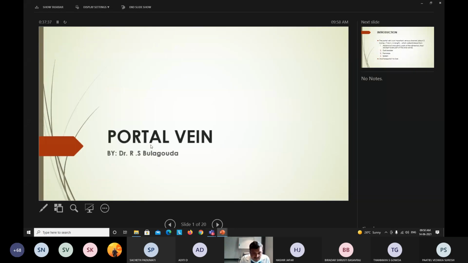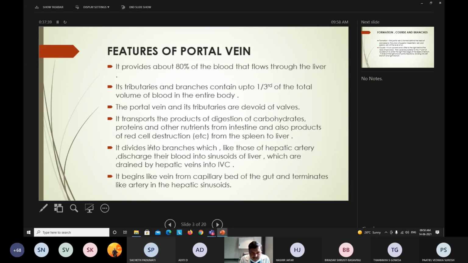In terms of content, it transports the products of digested food, that is carbohydrates, proteins, and other nutrients from the intestine, and also products of red cell destruction from the spleen to the liver. Hence, in these ways, the portal vein differs from the systemic veins.